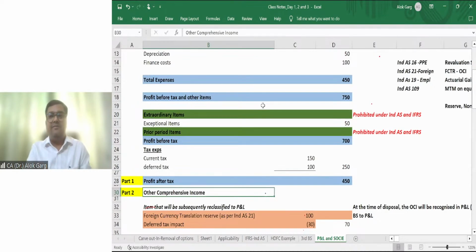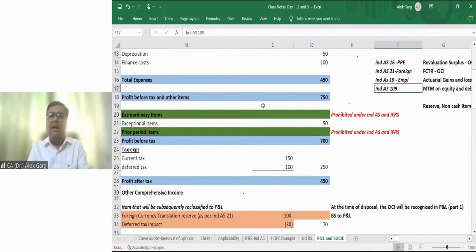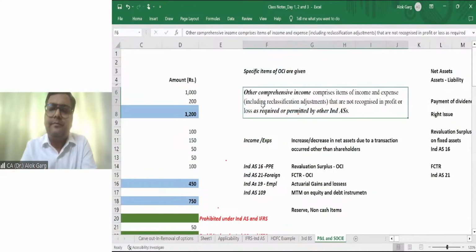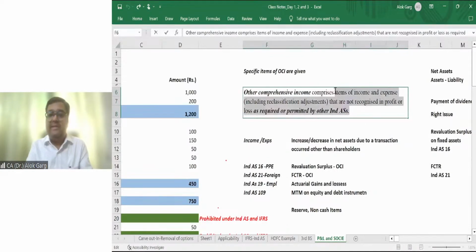And let me tell you why this concept of other comprehensive income is there. Friends, other comprehensive income comprises items of income and expenses which are not recognized in profit and loss as required or permitted by other Ind AS.